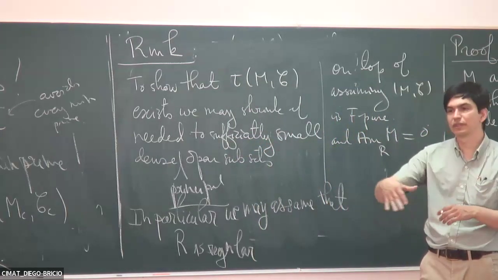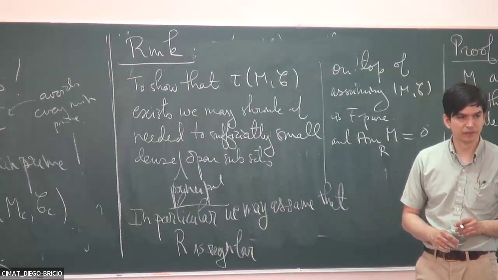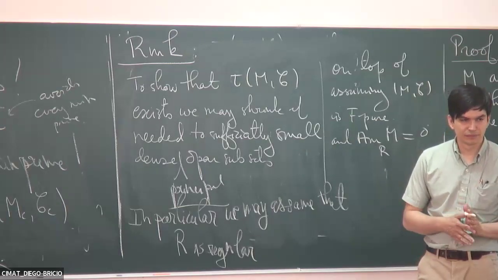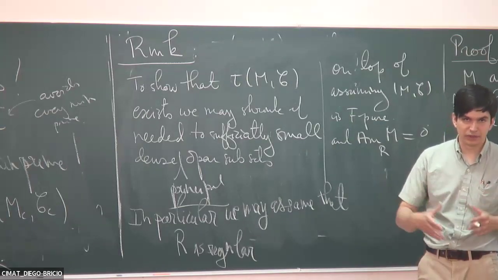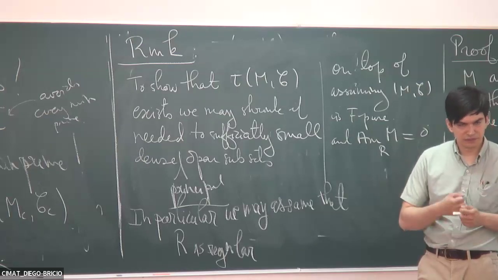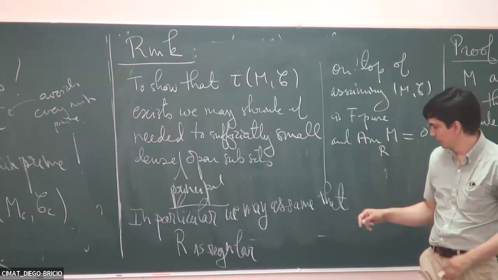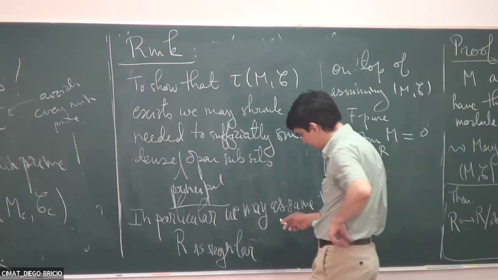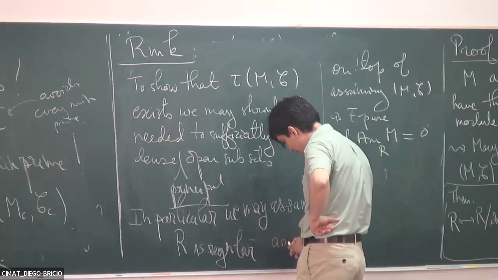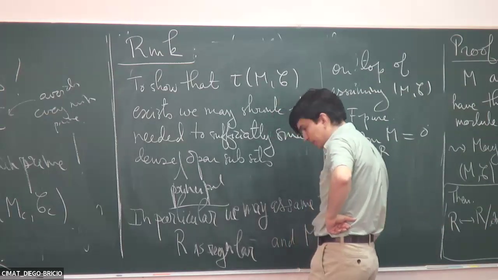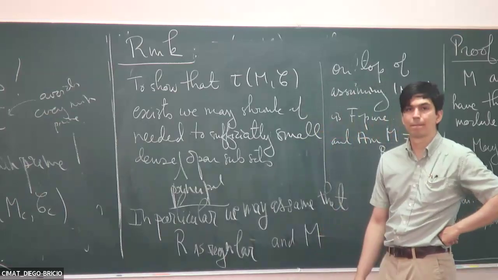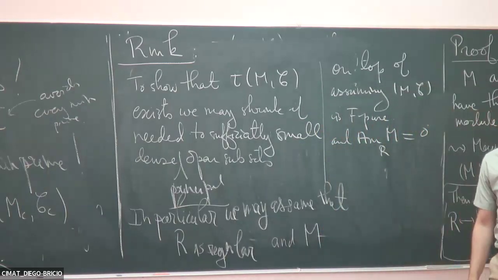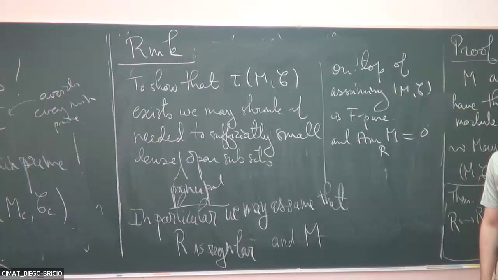Shrink enough so that we avoid all singularities. Right? Or take the Jacobian ideal, take an element of the Jacobian ideal and just forget about it. And what about N? What can we assume about N? N is a finitely generated module.